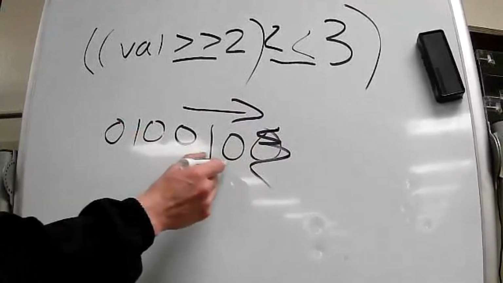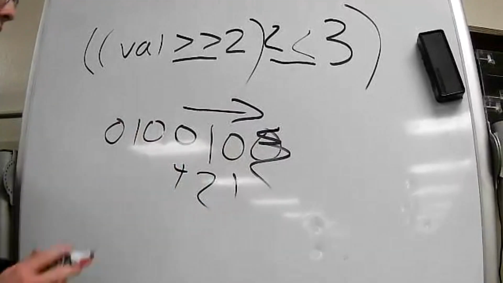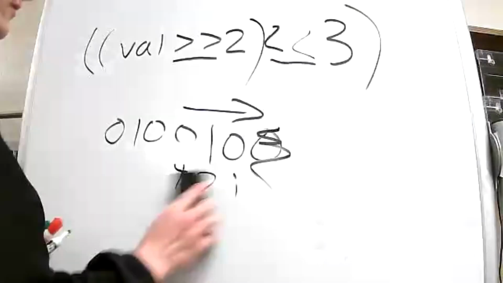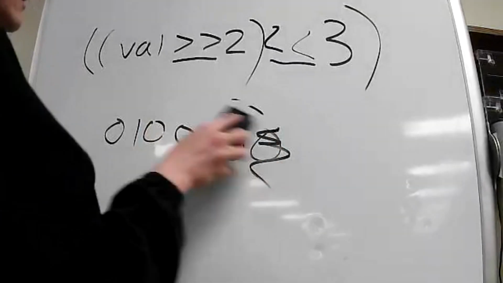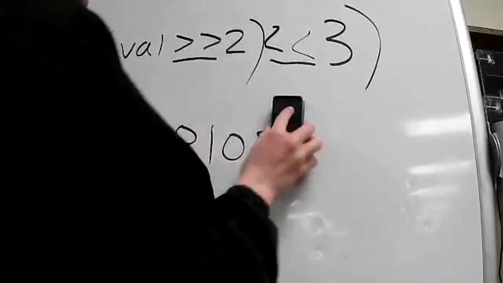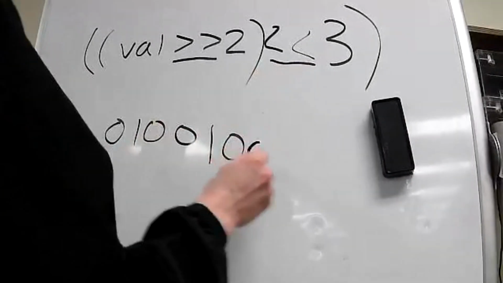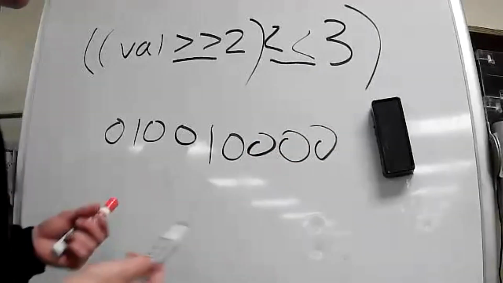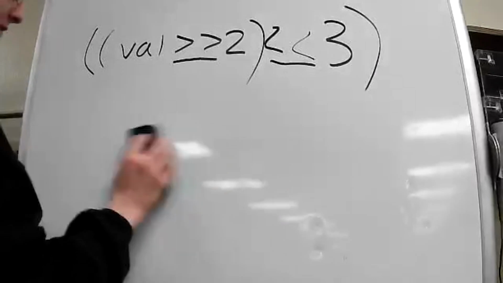Yeah, it's gonna make it lesser because now this is the ones place, 2, 4, whatever. Whenever you shift to the right, it's making it lesser, and because binary is base 2, it's actually dividing by 2. Whereas if you're going to the left, it's gonna do the opposite. It's gonna move everything left and basically add a 0, so it's basically multiplying everything by 2. Hopefully that makes sense as to how that works.